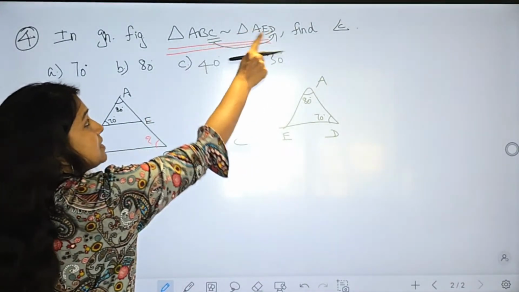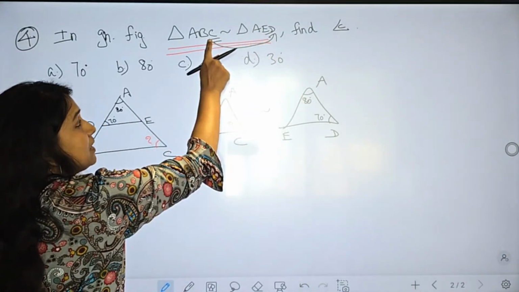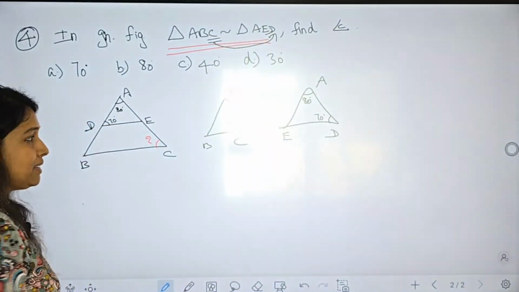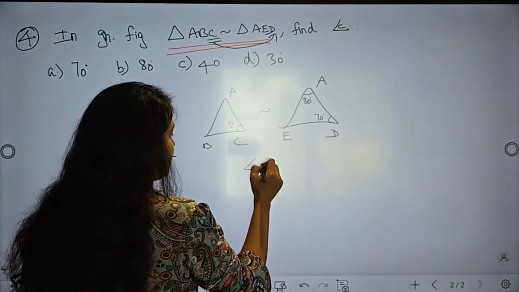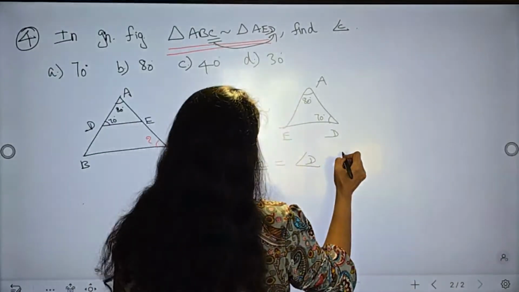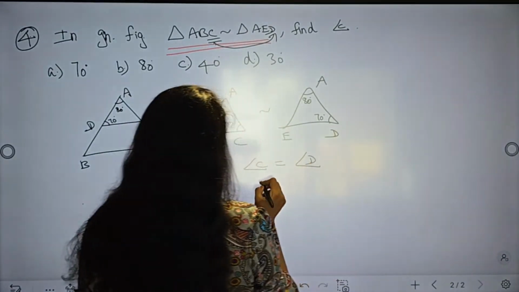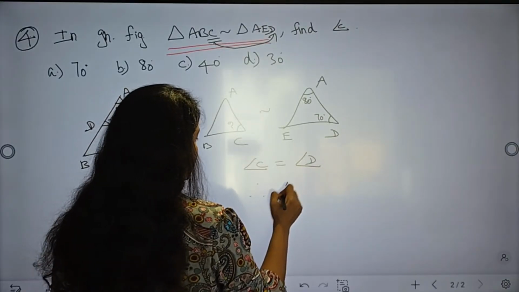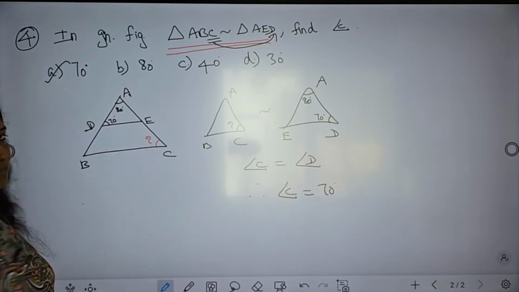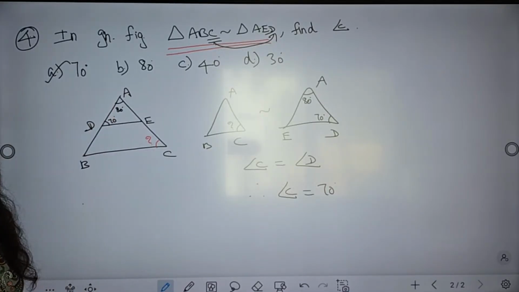So angle C is, since both the triangles are similar, we can tell that angle C is equal to angle D. Therefore angle C is nothing but 70 degree. It's so easy. See, very simple, right?